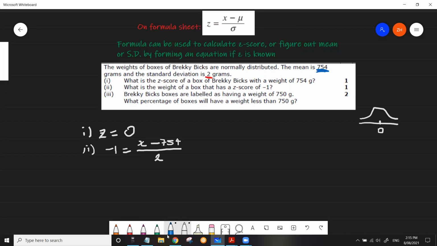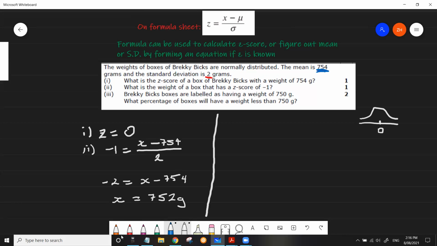Then we're just going to solve this equation. So multiplying by 2. And then solving, I'm just going to move x to the left-hand side, and adding my 754 will give me 752 grams. So that's question 2 complete.